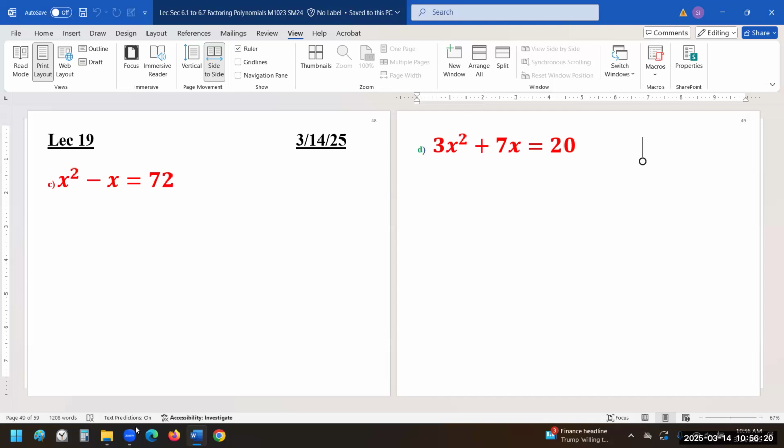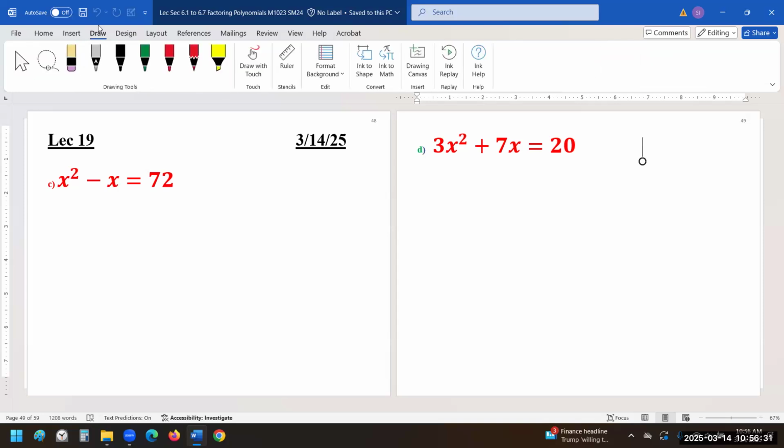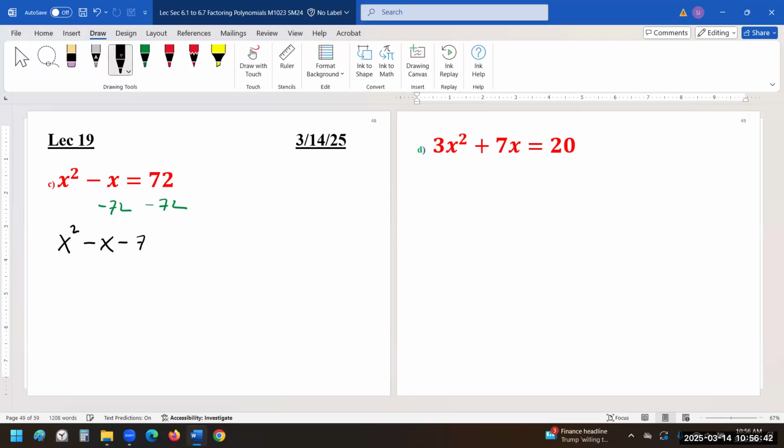Great. So in order to solve anything, we want to see 0 on one side. Do you see 0 on one side of the equation? No. So what is our first step? Subtract 72 so that one side becomes 0. So we have x squared minus x minus 72 equals 0.